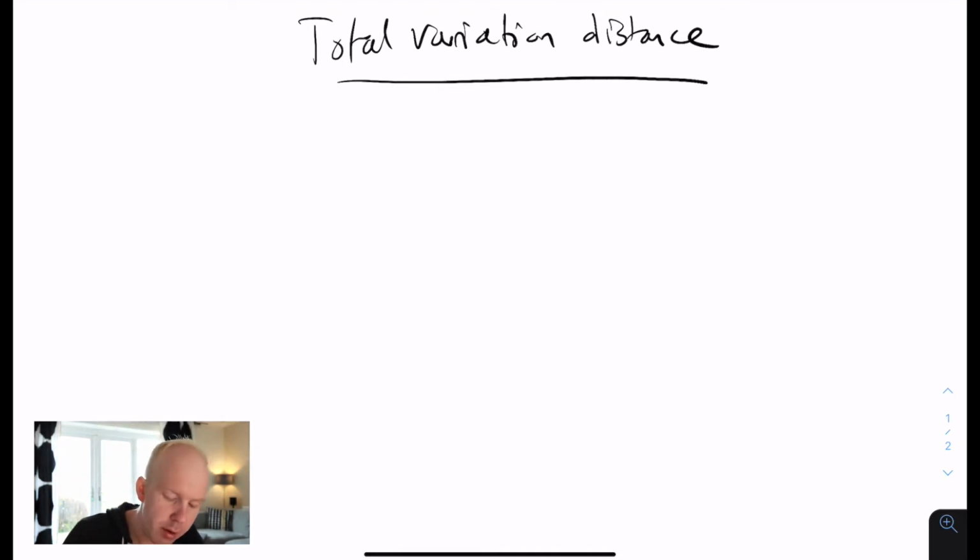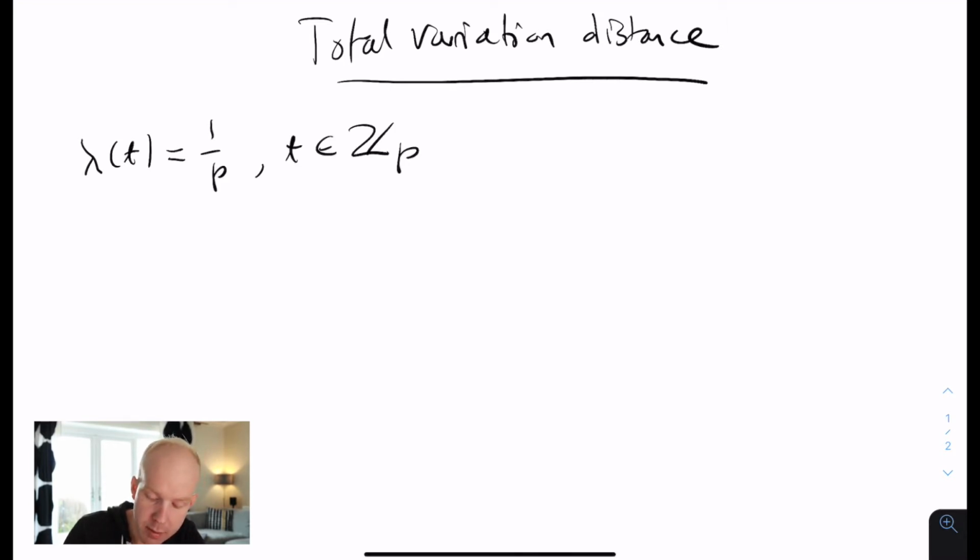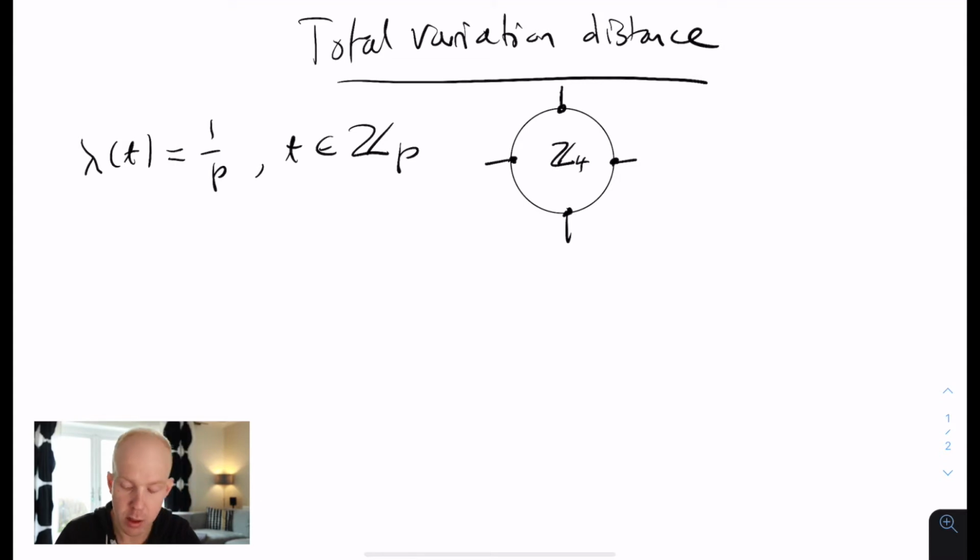So if you remember from the previous lectures, we had this probability distribution lambda, which was the uniform distribution on Z_p, and that was when we had our discrete circle and we had put equal weight on each of the points in the circle. So in this case, this is Z_4. And now, what if we have something else?